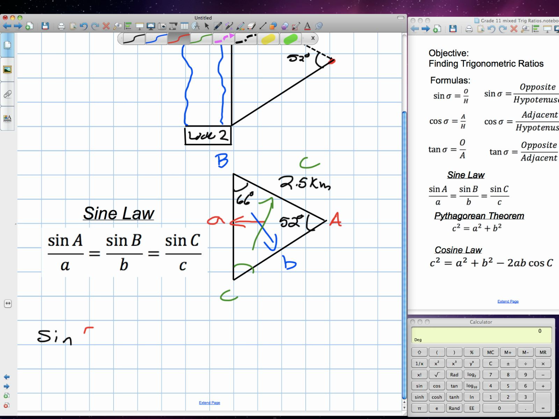Divided by, do we have the measurement of side A? Nope. So we have side A is equal to, do we have the measurement of angle B? What is it? Yeah. Do we have the measurement of side B? Nope, so we leave the B there.